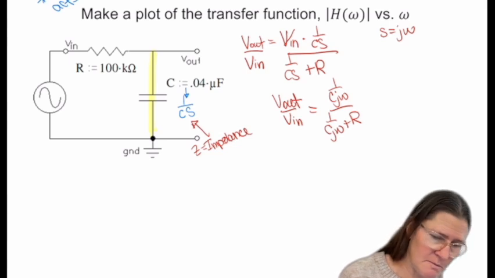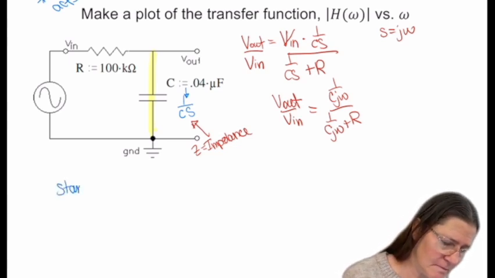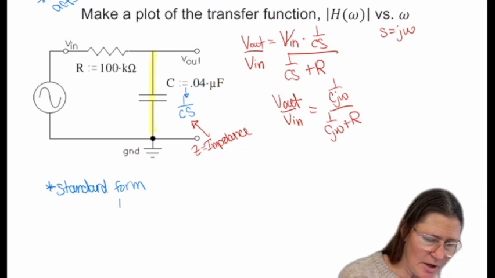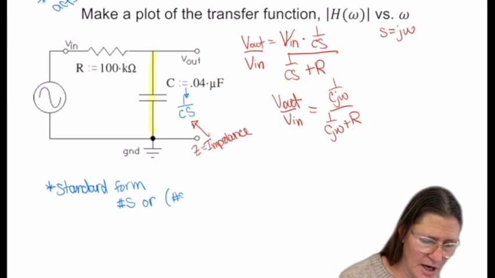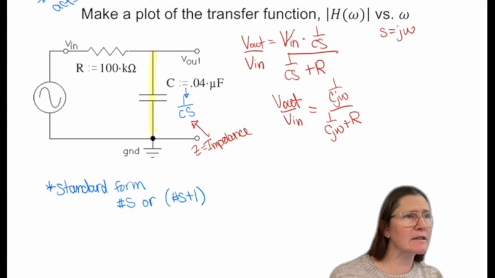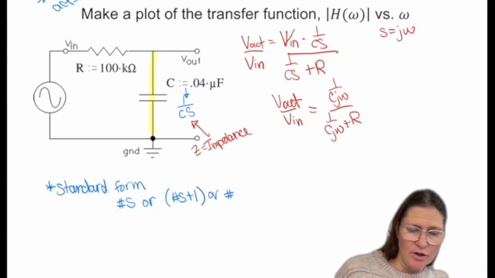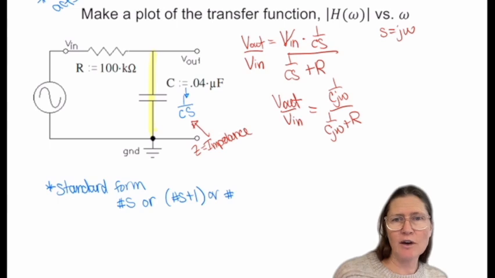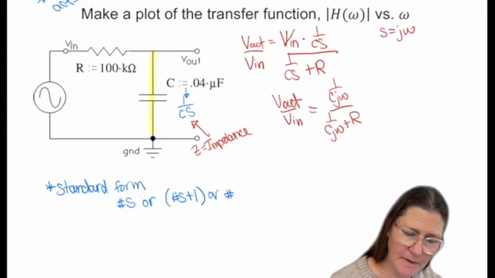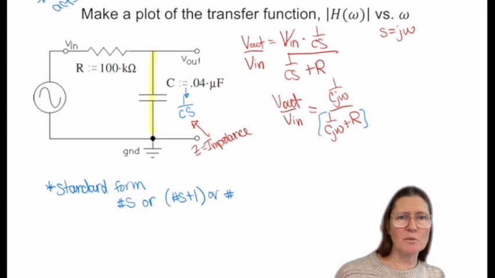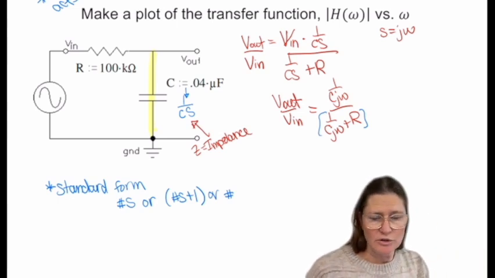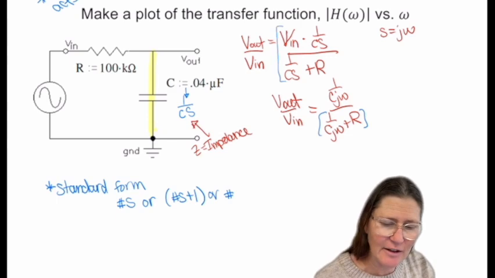Standard form is that each element is a number times S, or a number times S plus 1 quantities, or just a number by itself. In this we have 1 over each quantity. So we need to get this bottom quantity into a form of number times S plus 1.